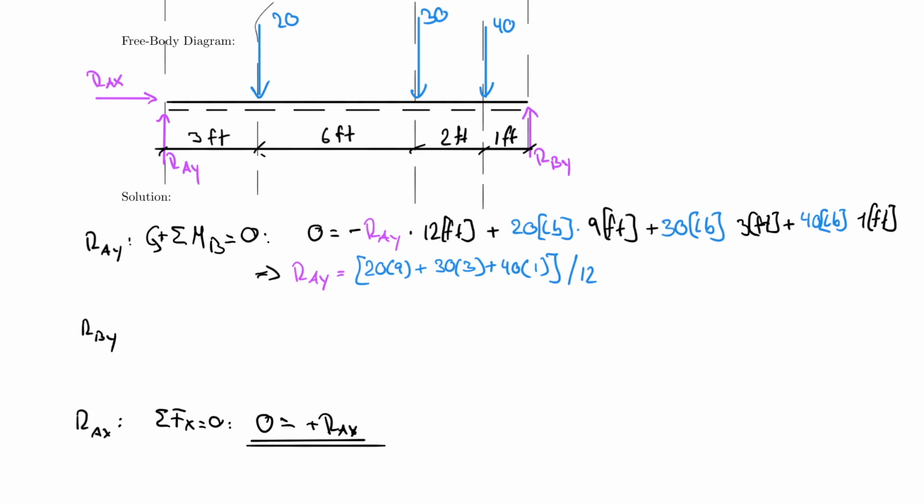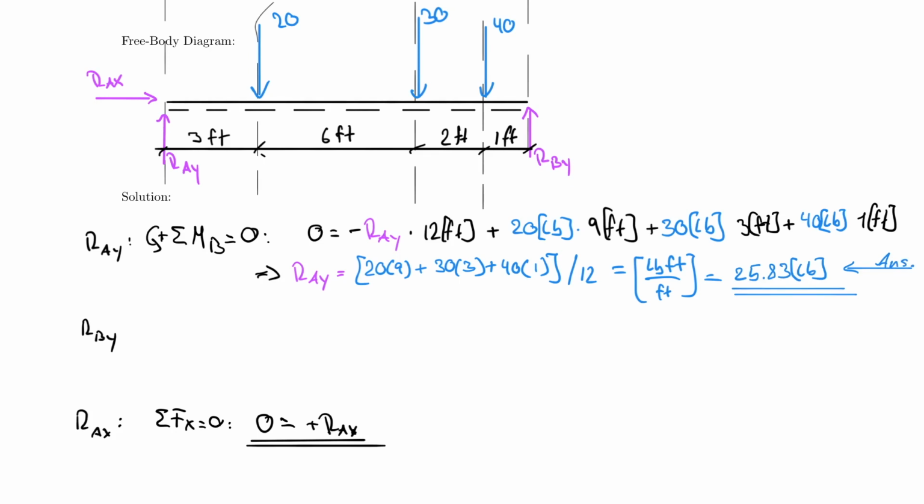But now I take moments and divide them by 12 feet. So just to be clear here, what we have is something that is pound foot divided by foot, which then of course returns pound, which is good because we obviously want to find a support reaction in pound. And if I calculate this out, I will find that my answer is really 25.83 pounds. And that qualifies as a result, so I double underline that and use my answer arrow.